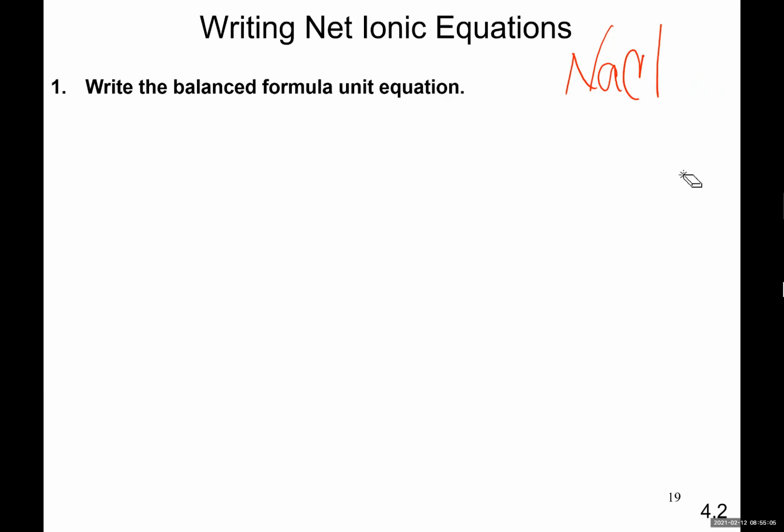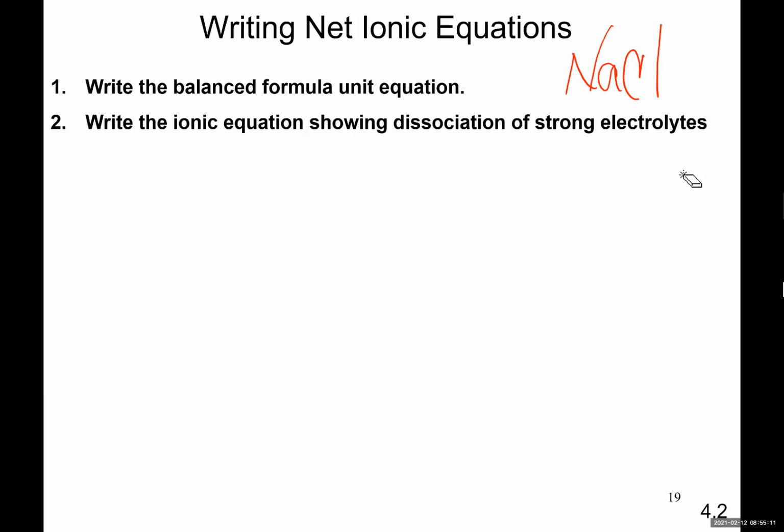That means show the components of the compound together. And next, write the ionic equation showing dissociation of strong electrolytes. What is the ionic equation for NaCl dissociating in water? That's what it is. And these are both water soluble, so I write aqueous here.